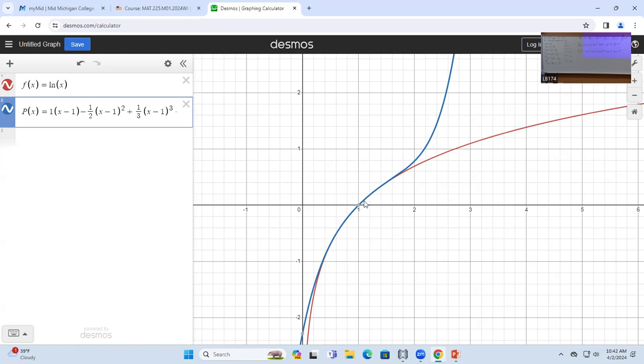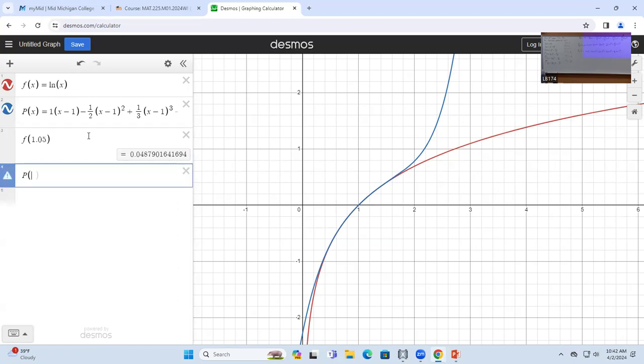Okay. And so if I were trying to approximate at 1.05, for instance, if I said, what is f at 1.05? You just plug in 1.05 into natural log, and you get 0.048790, blah, blah, blah.